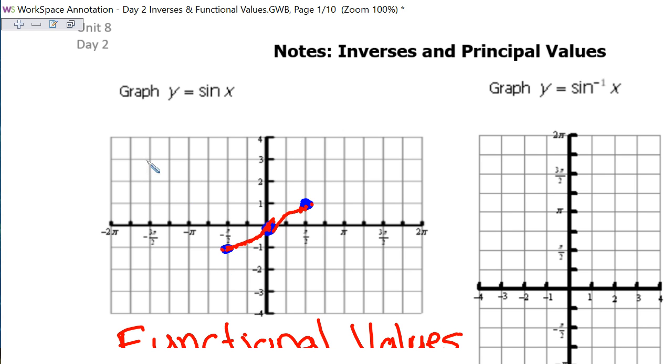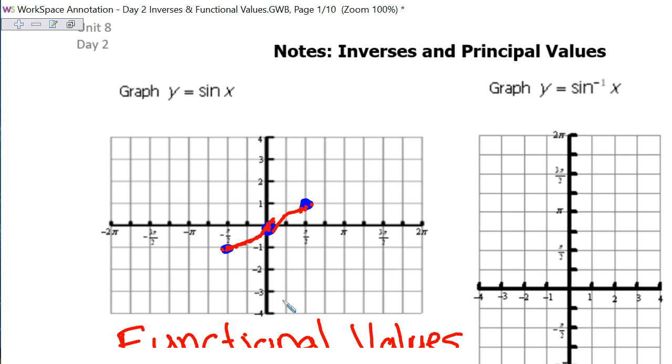And we have points at negative pi over 2 and positive pi over 2, so we'll use the square bracket for our interval notation. And you'll want to make sure that this interval is memorized. So you need to memorize this interval for sine. So sine is functional from negative pi over 2 to positive pi over 2 inclusive.